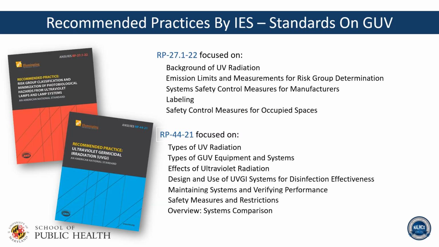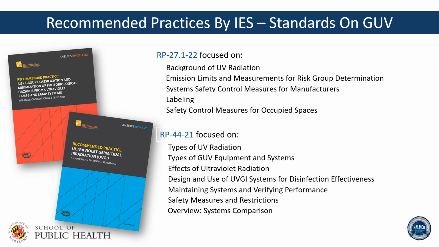IES offers two standards on GUV. RP 27.1-22 is focused on background of UV radiation, emission limits and measurements for risk group determination, system safety control measures for manufacturers, labeling, and safety control measures for occupied spaces.